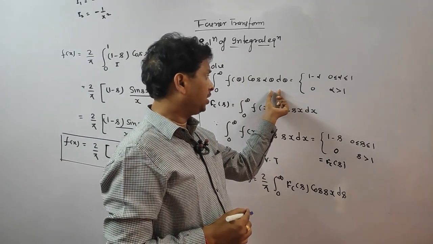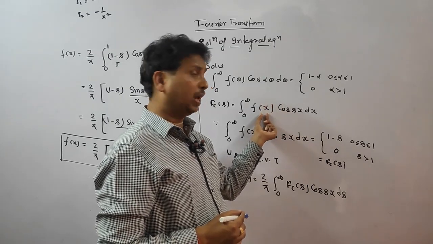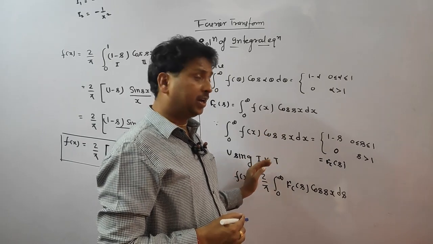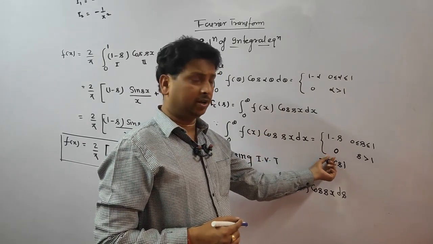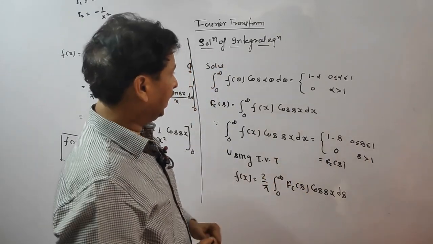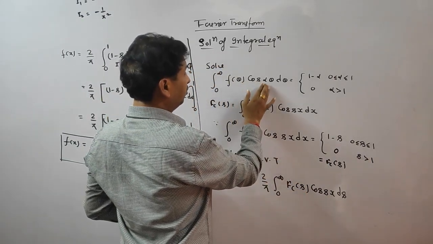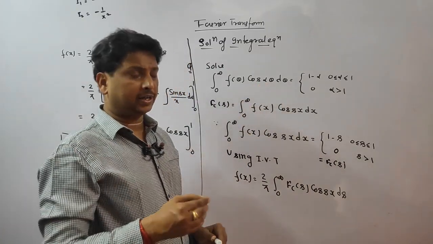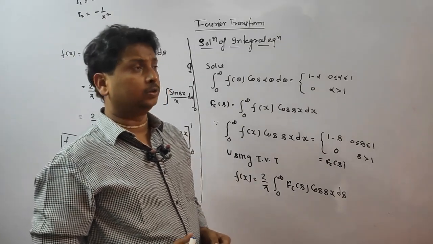From what is given, easily we come to know that we have to calculate the f(x) value using the inverse Fourier transform. Just the Fc(s) value is given, we put it. Sometimes they can give sine in place of cos, or using Fourier transform they can ask this type of question.